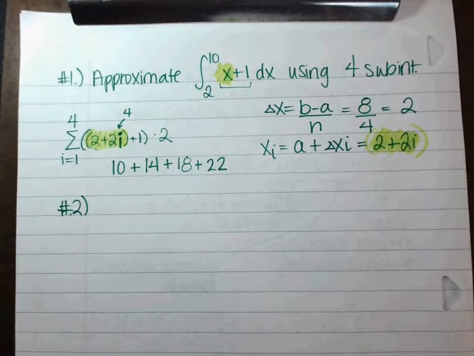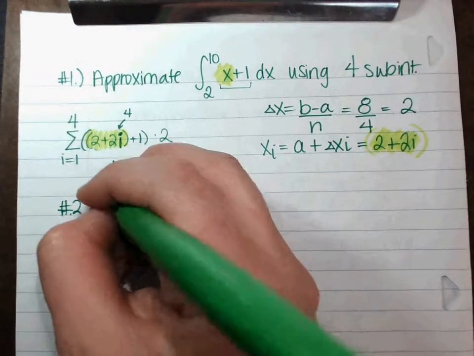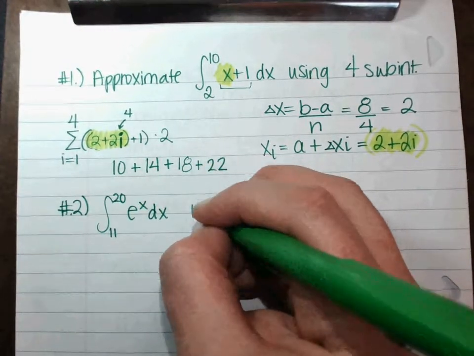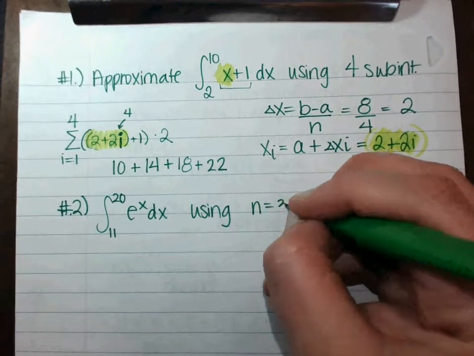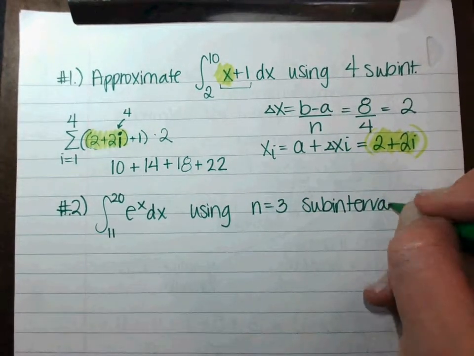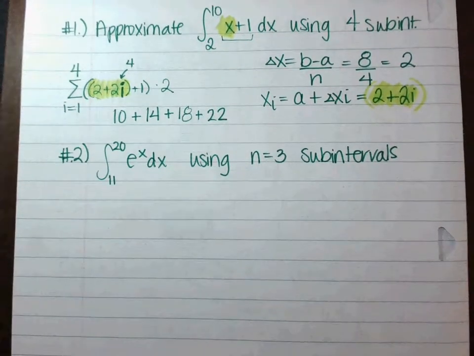This time you're going to find the integral from 11 to 20 of e to the x dx using 3 subintervals. Delta x is going to tell you exactly how wide each subinterval is.